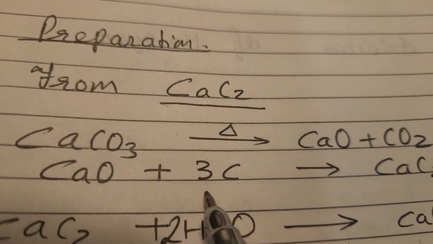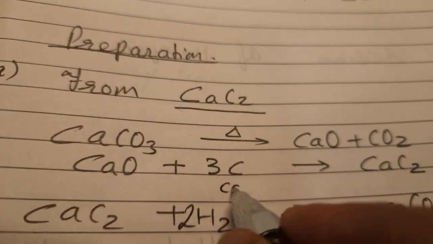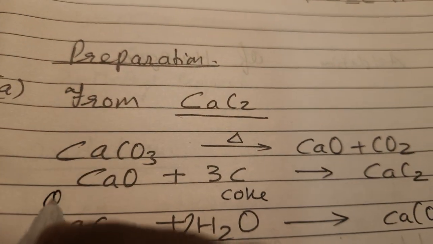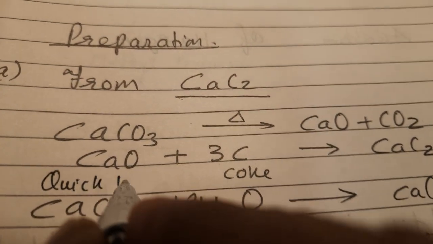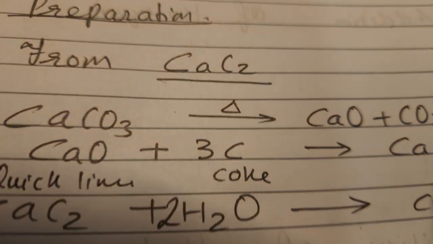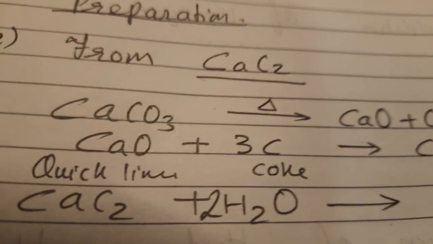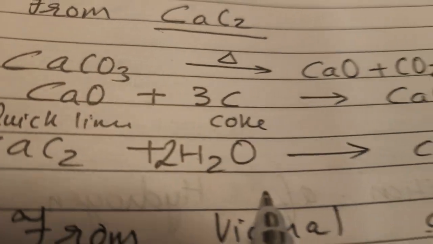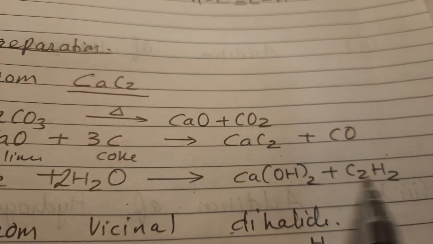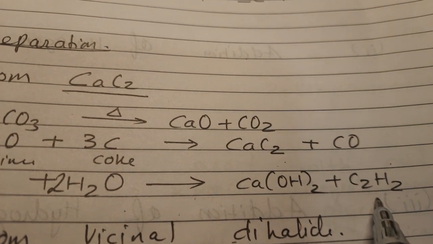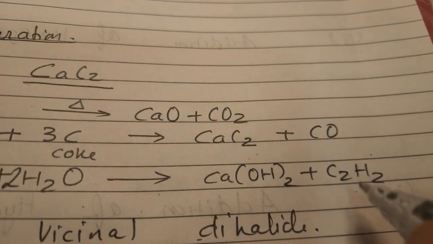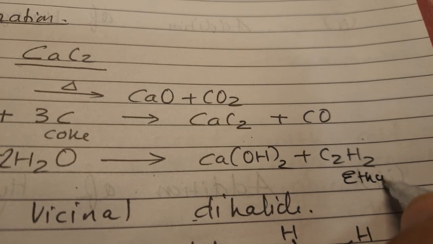This quicklime, when it reacts with coke, will give CaC2, that is calcium carbide, and carbon monoxide. This calcium carbide reacts with water and forms C2H2, that is ethyne. So this is the first preparation method of ethyne.